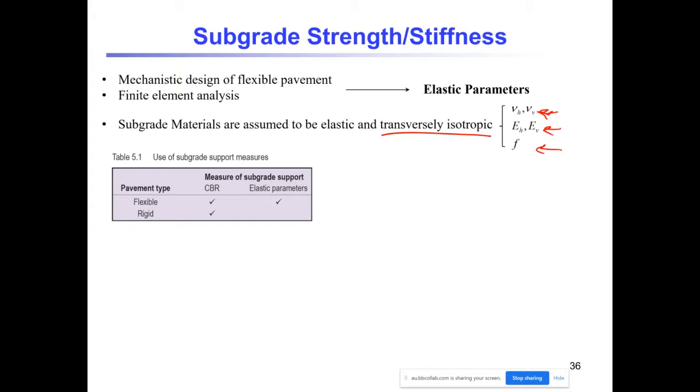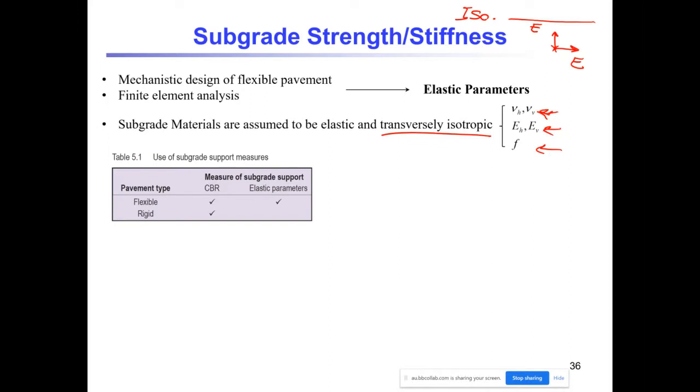In the isotropic case, let's say that this is soil and you consider just one point inside the soil. For the isotropic case, the material parameters in different directions are the same. For example, in vertical and horizontal direction, the Young modulus would be the same.